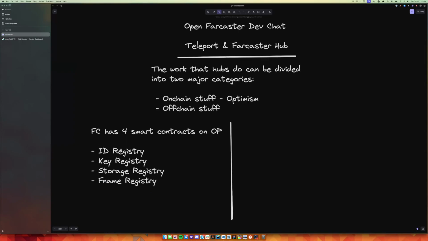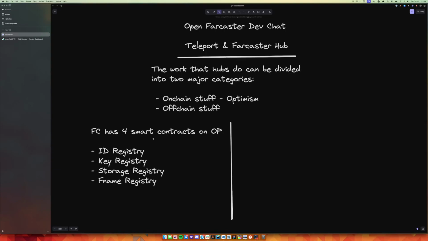So the ID registry, first of all. Its purpose is that it contains a mapping from ETH addresses to your FIDs. So when you create a new account for the first time, the ID registry keeps track of an ETH address to a FID, and this is done via the custody address that Warpcast creates for you.